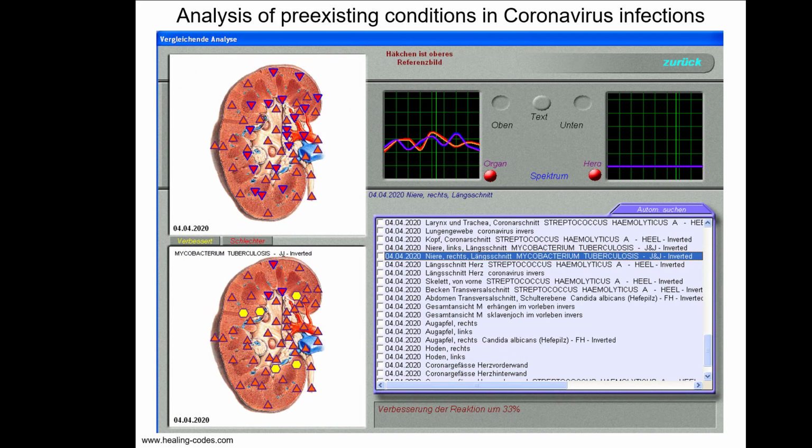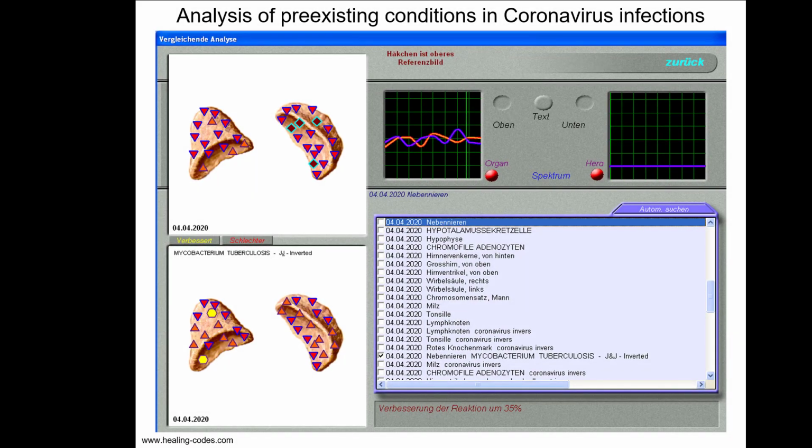This picture shows the right kidney, whose energetic situation can be improved by 33% by inverting Mycobacterium tuberculosis. If the miasma of tuberculosis is eliminated, the energetic constitution of the patient improves. The adrenal glands are also burdened by tuberculosis.